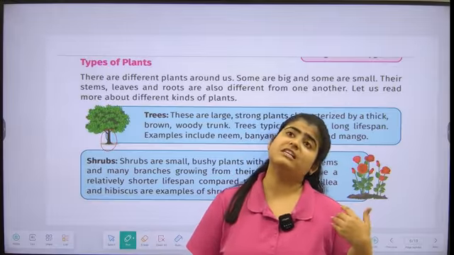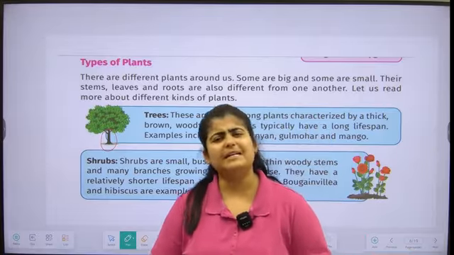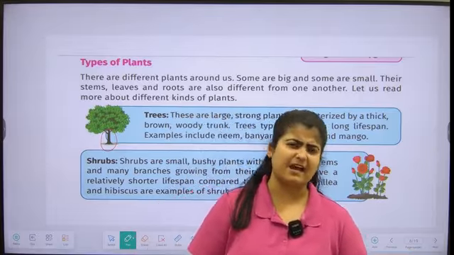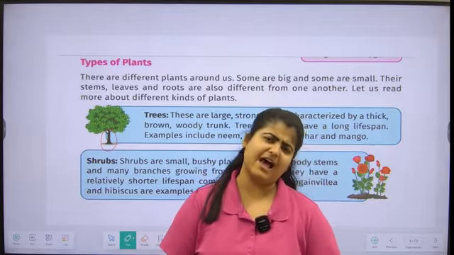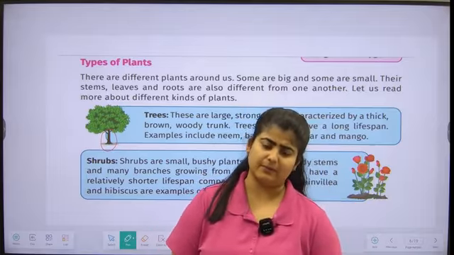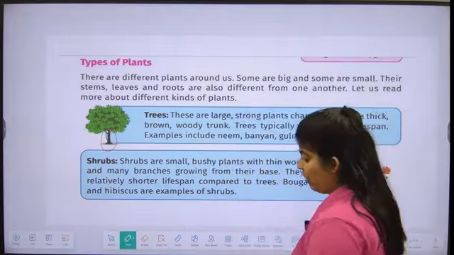But a herb or shrub can die in a few months or few years only. It doesn't have that long a lifespan. And trees are also very strong.